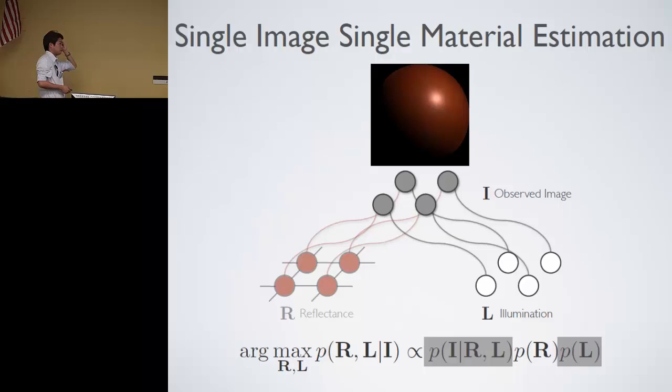Yeah. So the surface normals are within the illumination, or where are the surface normals? Surface normals are given. We know the geometry. And the surface normals will affect the angles used for the reflectance and illumination. I see. So you have an image, and it depends on the reflectance, the property of the object. Right.